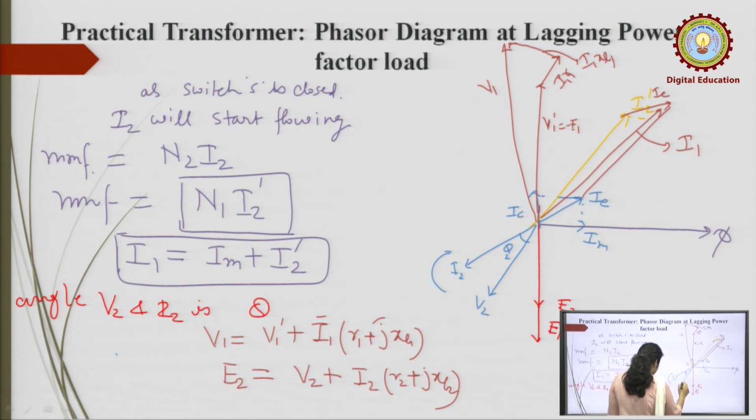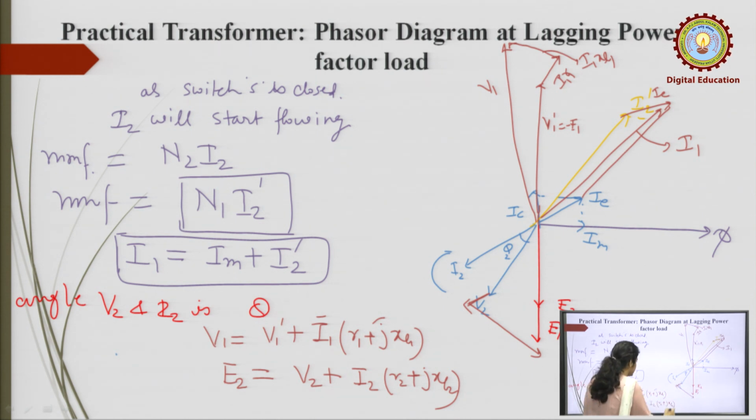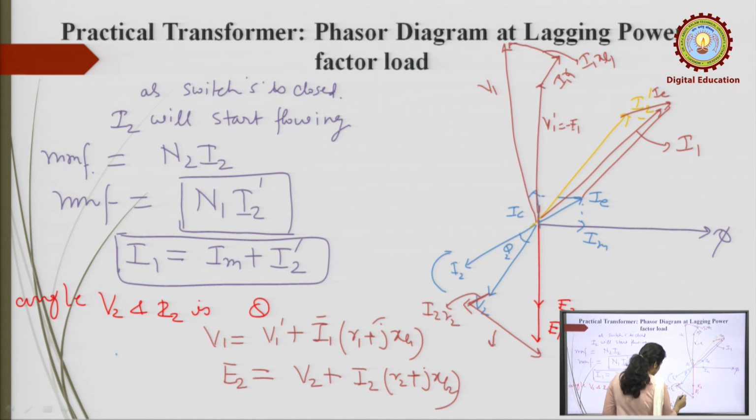So, in V2 you add I2 R2. This is V2, this is I2 R2, and this is I2 XL2.